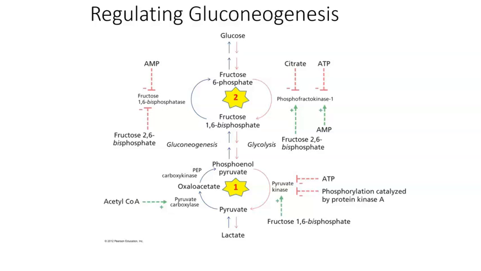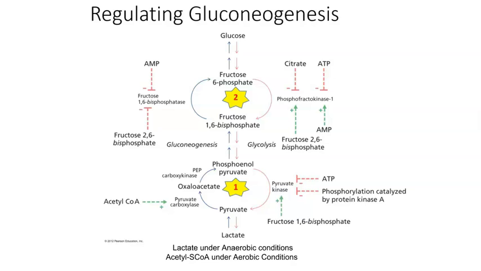We have spoken about general regulation of enzymes, but now we're going to look at specific regulation of different types of allosteric regulation, both activators and inhibitors of different enzymes in glycolysis and gluconeogenesis.